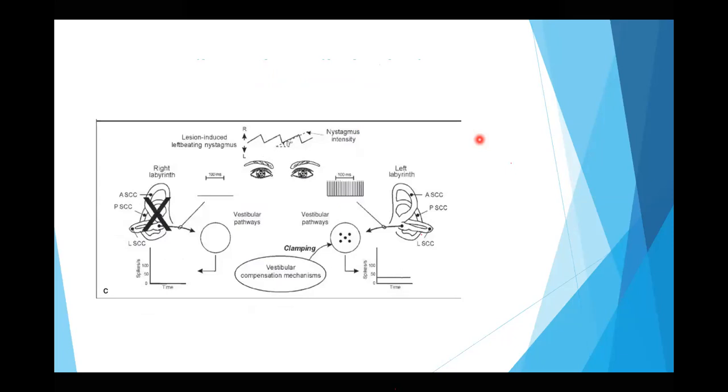What does a clamp usually do? When we do clamping, it will reduce. If there is a water pipe, a hose, and I clamp it, the water flow reduces. Likewise, this is like the central mechanism. What the clamping does is it reduces the understanding of the spontaneous rate.